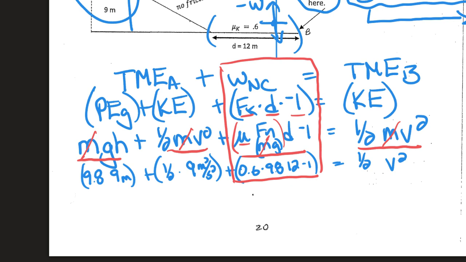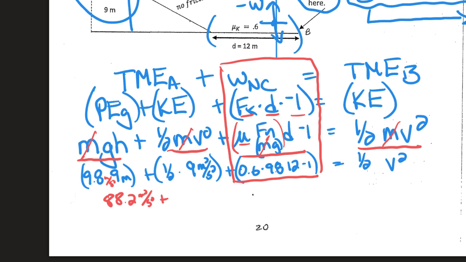So hit pause if you'd like to check your ability to do this, or follow along with me. 9.8 times 9, 88.2. By the way, it's not joules. This is weird. It's going to be meters squared per second squared because the units for 9.8 are meters per second squared. Multiply that by meters.